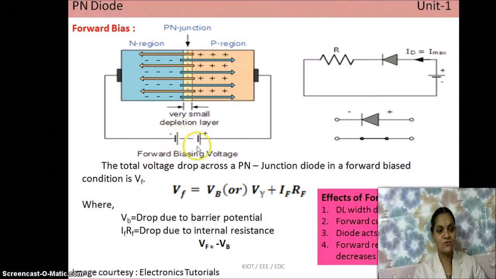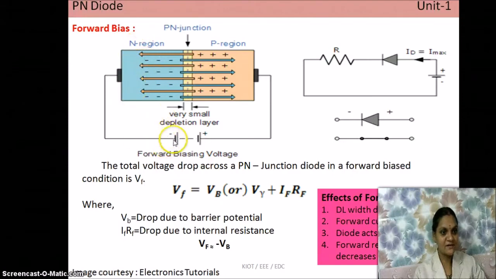As soon as the forward bias voltage is given, normally we consider this as 5 volt, and we are increasing the voltage from 0 volt to 5 volt. What happens internally? Here the majority charge carriers, holes, are connected to the positive terminal of the battery. Both are like charges, so repulsion will be there. Due to the repulsion, the holes start to move towards the N region.